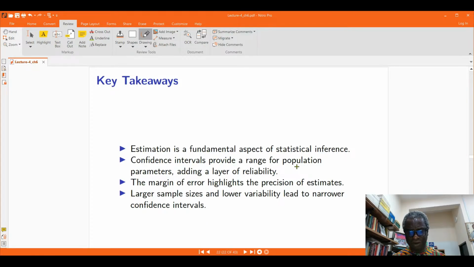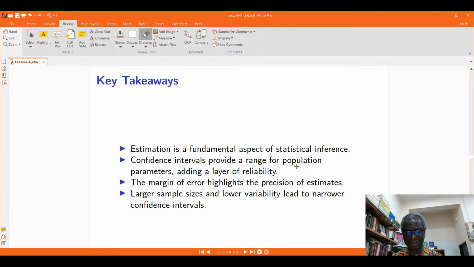The margin of error, we've seen, highlights the precision of our estimate and is affected by sample size, by the variability of the population, and also by the confidence level. We've seen that larger sample sizes and lower variability will lead to a narrower confidence interval.